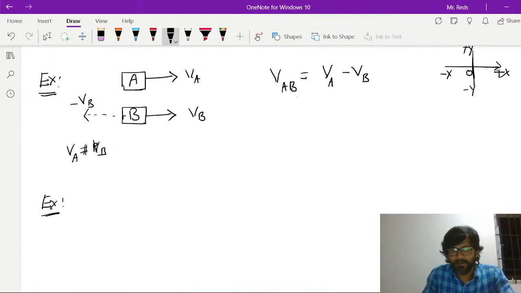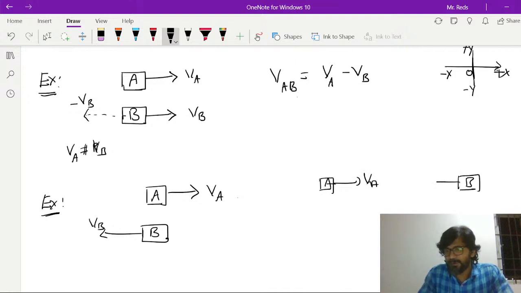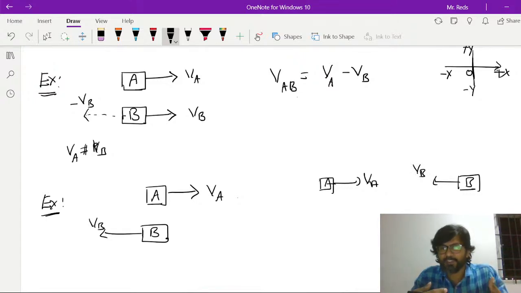Whereas if this is body A moving with velocity VA towards right, and there is another body B moving with velocity VB in the opposite direction, that means the two bodies are moving towards each other.